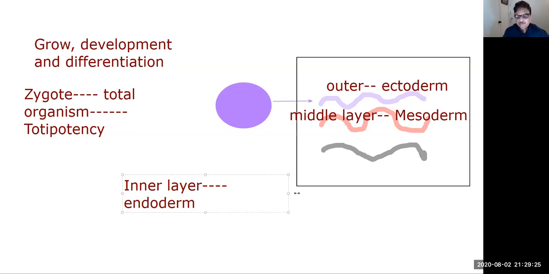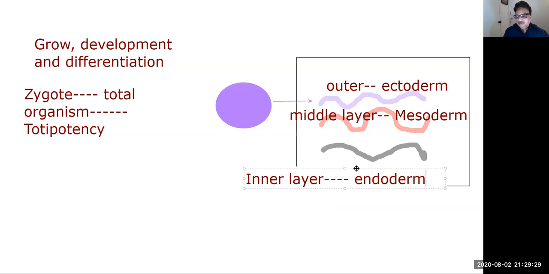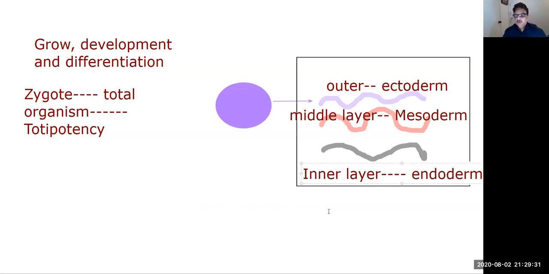Now, why am I sharing this information with you? I'm sharing this information with you because these three layers, 1, 2, 3, these three layers can lead to the development of different kinds of tissue.